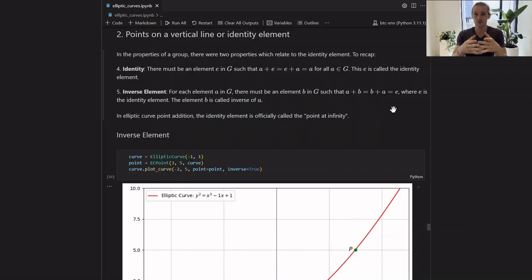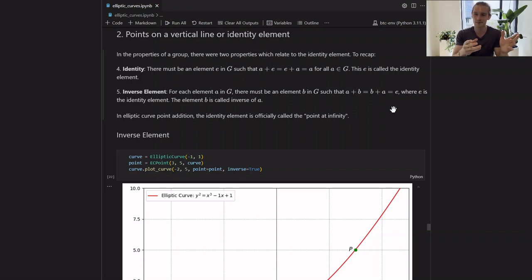So in this case, the group is then defined as all of the points that satisfy the elliptic curve equation, as we already mentioned, plus one extra point, which is this point at infinity. By having this extra element, the point at infinity or the point that is nowhere in this group, it just makes all of these properties actually work out and satisfy all of these properties.